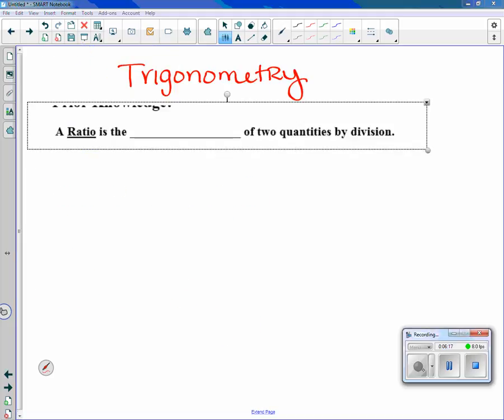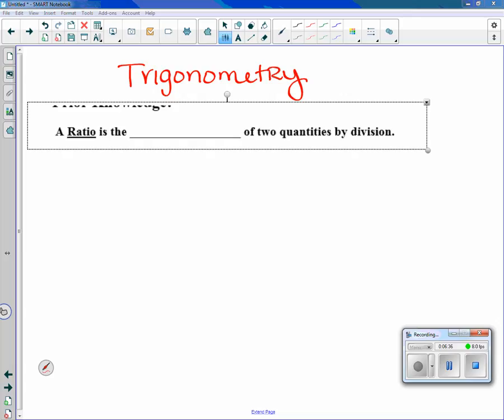Geometry is just the study of right triangles. It is the relationship of right triangles, so it is dealing with certain ratios. That's what you all are going to deal with in geometry.